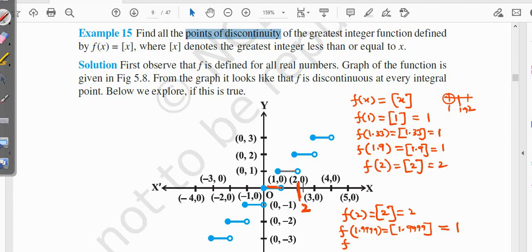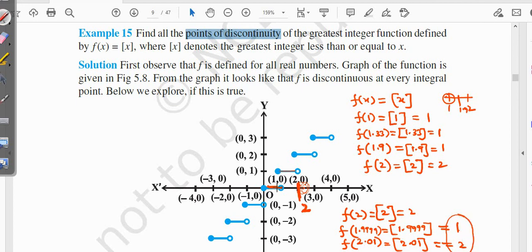And for the close values of 2 on the right hand side, we have infinite real numbers. For sample purposes, I am taking 2.01 or 2.1, also fine. Now when we apply the greatest integer function to this input, the outcome we get is 2. If you see, for the left hand side close value of 2 and the right hand side close value of 2, there is a mismatch happening.